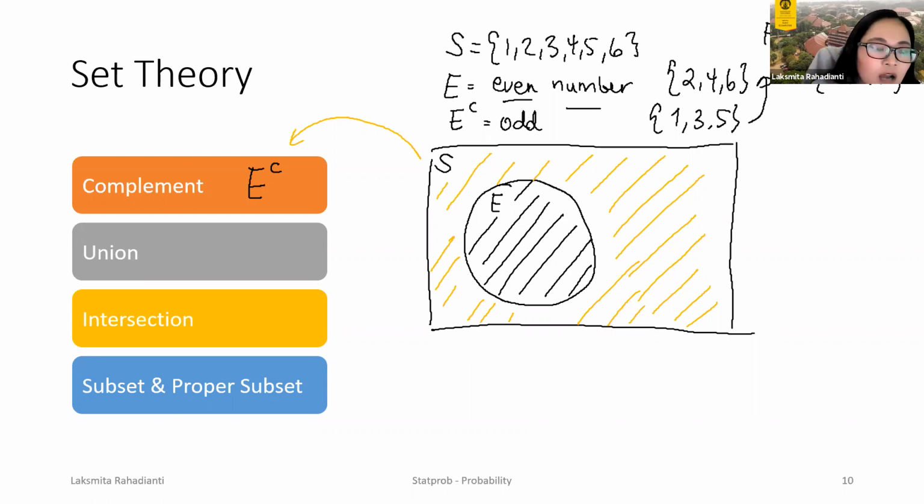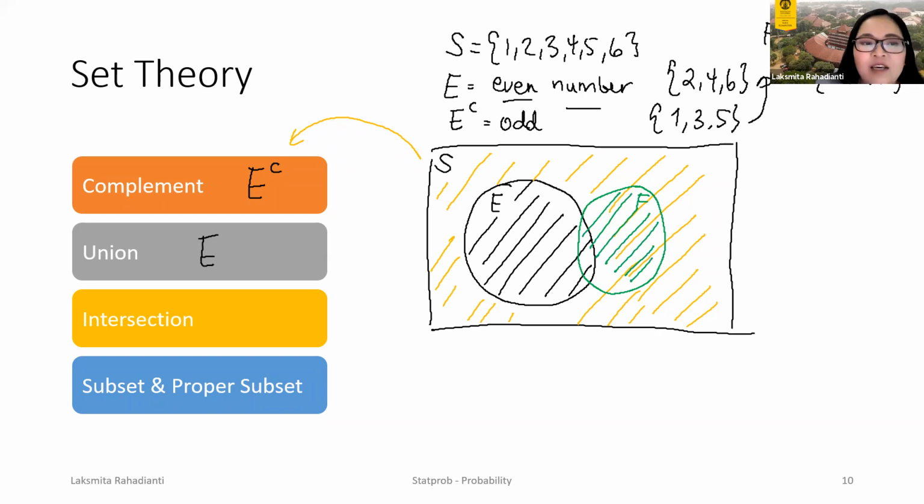So here, I'm going to denote this second event as F. In this case, that is F, and it contains 2, 3, and 5. Note that I put it intersecting E because we have an intersection here. So here we already have a hint of this one.